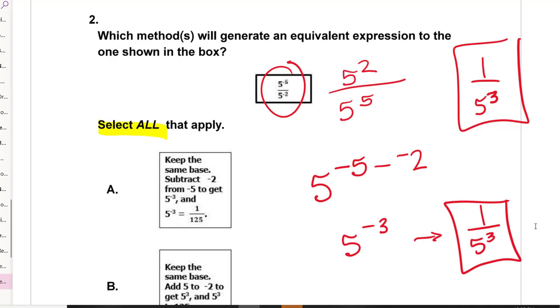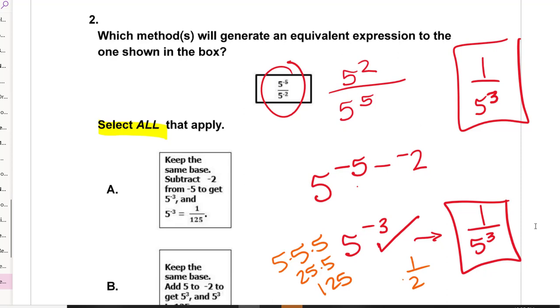So A says keep the same base, subtract negative 2 from negative 5, and get 5 to the negative 3rd. We did that. And then they evaluated 5 to the negative 3rd is 1 over 125. So this is correct. If you evaluate 5 times 5 times 5, it's 25 times 5, and you multiply that, that is 125.